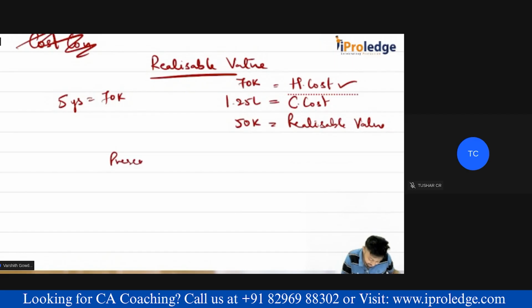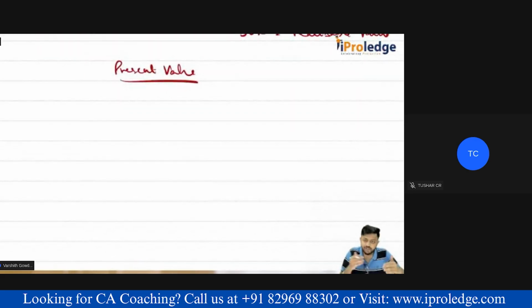What is present value cost? Now I told you, if I invest in any plant and machinery, say suppose that plant and machinery is 5 lakh rupees. How is that 5 lakh shown in my balance sheet? It is the economic benefits that I'm receiving over the value of the machinery. Say suppose this machinery which I buy can be used for 10 years.